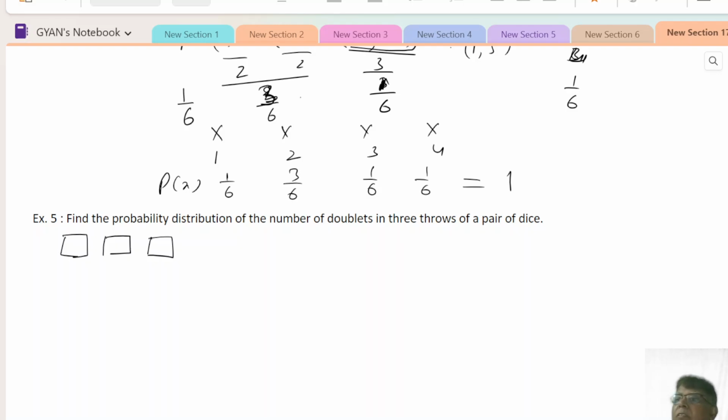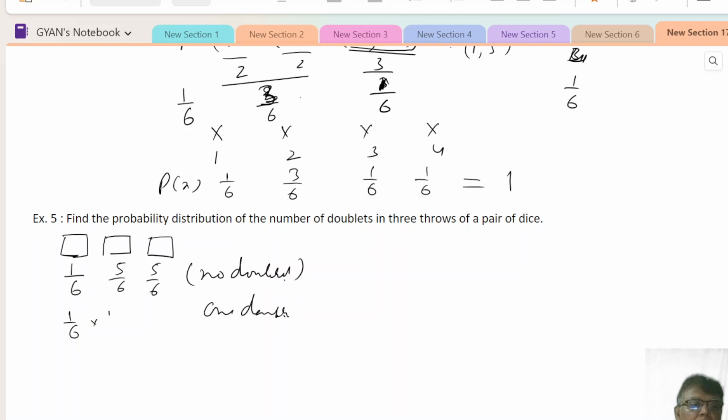So the number of doublets. Suppose a doublet comes, then its probability is 1 by 6, and a doublet not coming is 5 by 6. So for the number of doublets, this is no doublet. One doublet is 1 by 6 and then 5 by 6, 5 by 6.